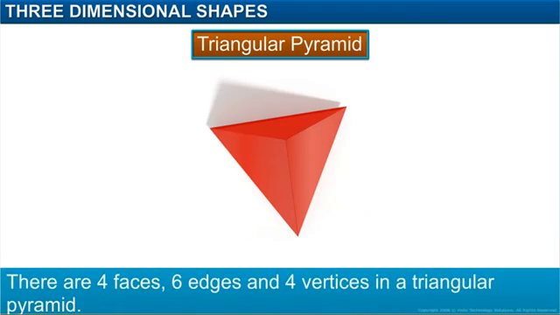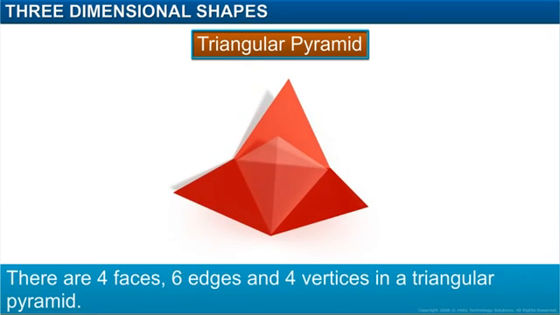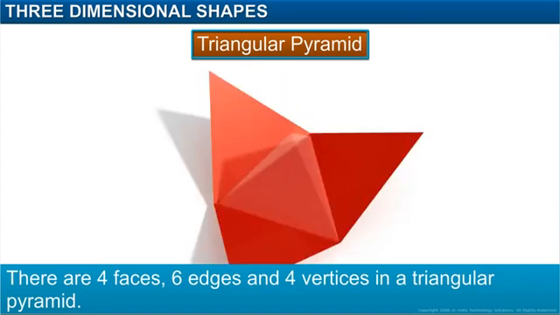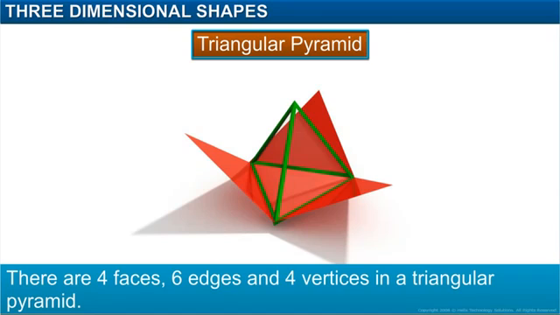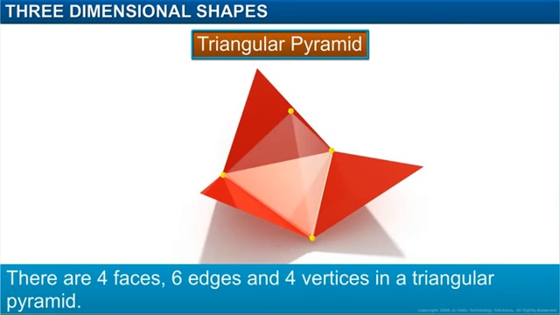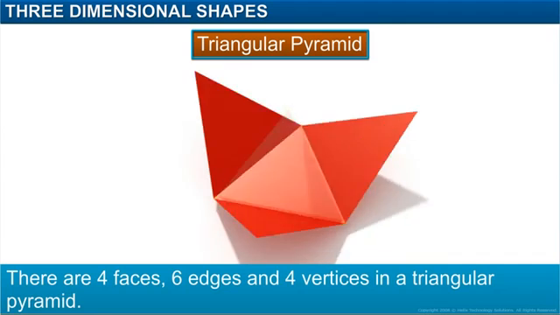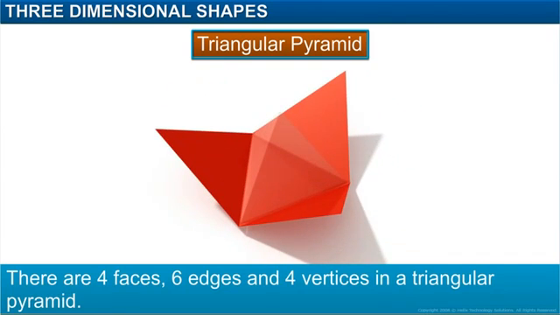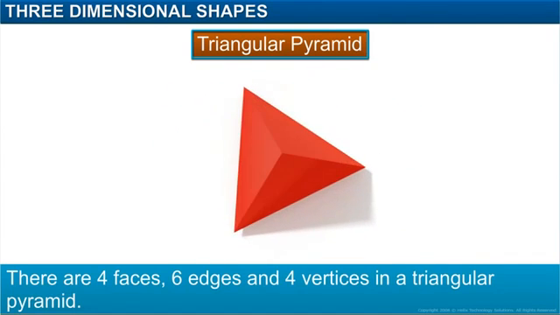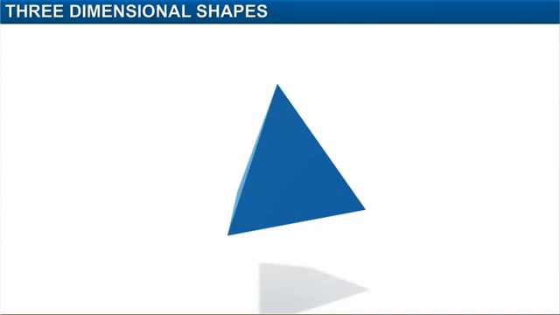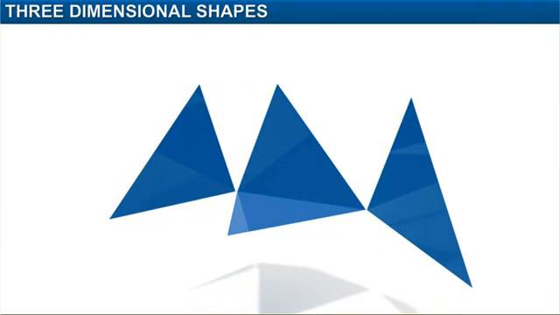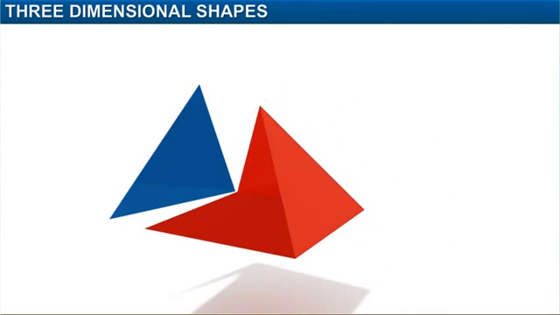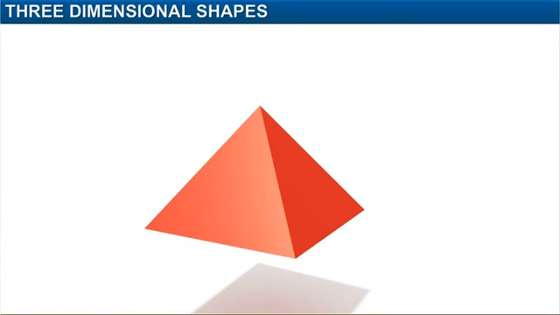In all, there are 4 faces, 6 edges, and 4 vertices in a triangular pyramid. If we replace the triangular base with a square base and add another triangular face, we get a square pyramid.